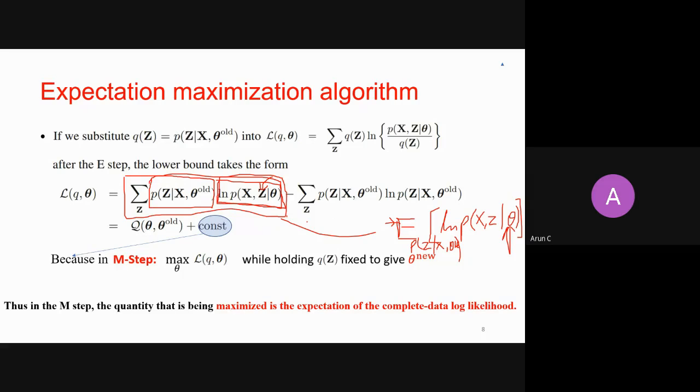I want to maximize this expectation with respect to theta, so it is known as expectation maximization. First I calculate the expectation and then I maximize it. You can see this L as the expectation, and maximizing it with respect to theta is expectation maximization. I should not write complete data log likelihood.